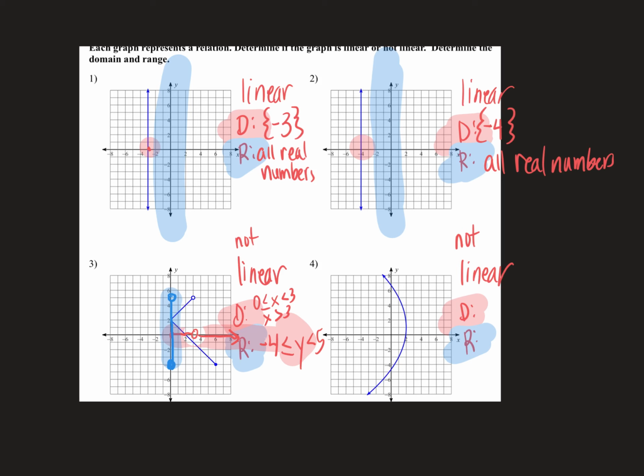And then the domain for the next one, the farthest to the right this graph goes looks like +2. And it looks like it goes forever to the left.